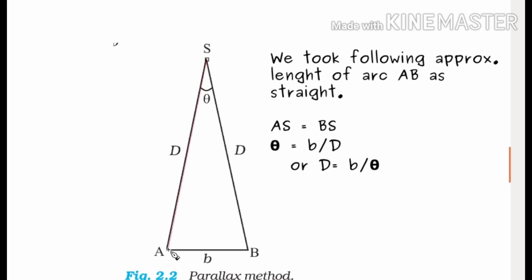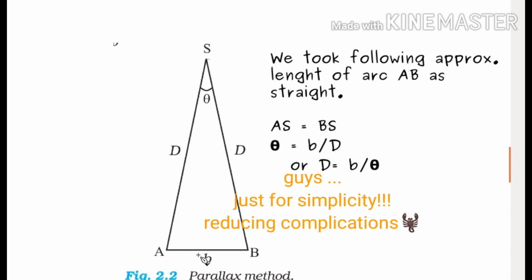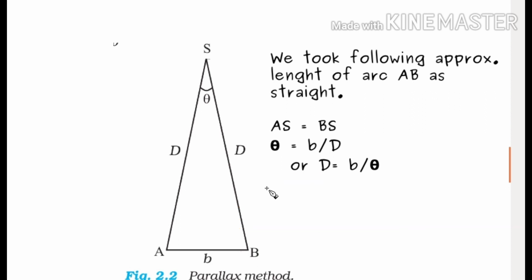You can see points A and B make a small arc. Points A and B are making a small arc, but we are approximating that AB is a linear distance, meaning AB is a straight line. So take the length of arc AB as a straight line.